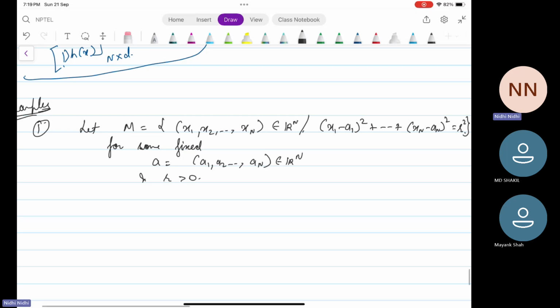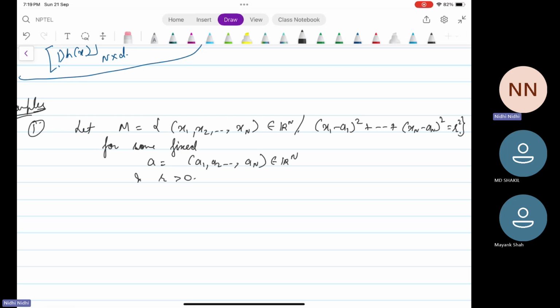So this is just an open ball. No, sorry, it's a sphere in R^n.